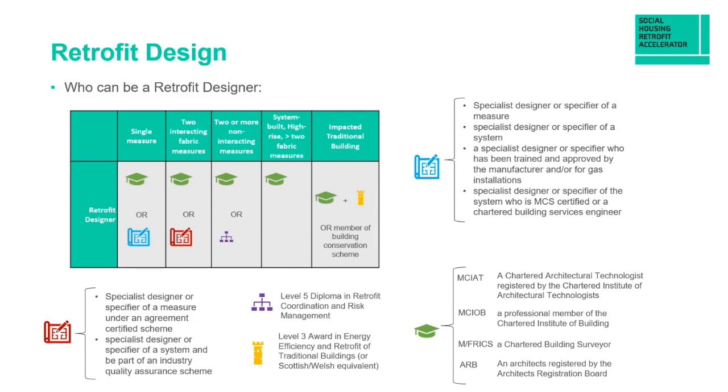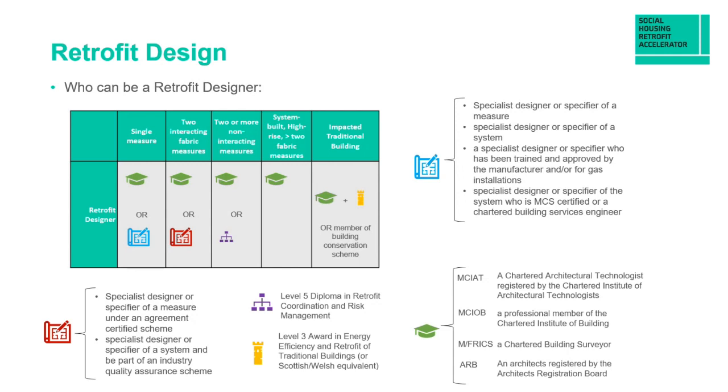For two interacting fabric measures, again, you can employ the services of an architect to design that, or you can bring in a specialist designer or specifier of the measure under an agreed certified scheme or an industry quality assurance scheme. For two or more non-interacting measures, again, you can see the common theme running through all of this is the employment of an architect.